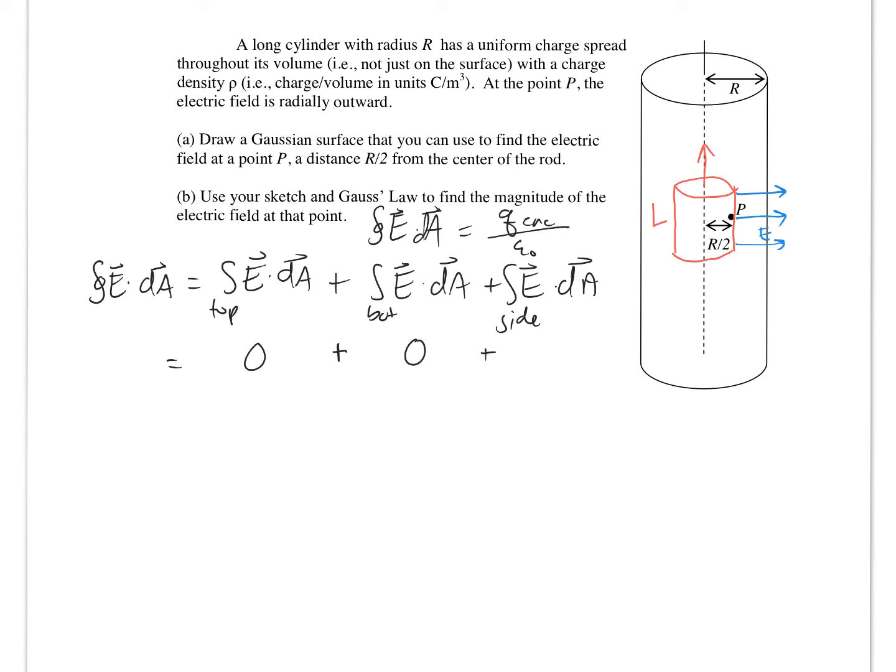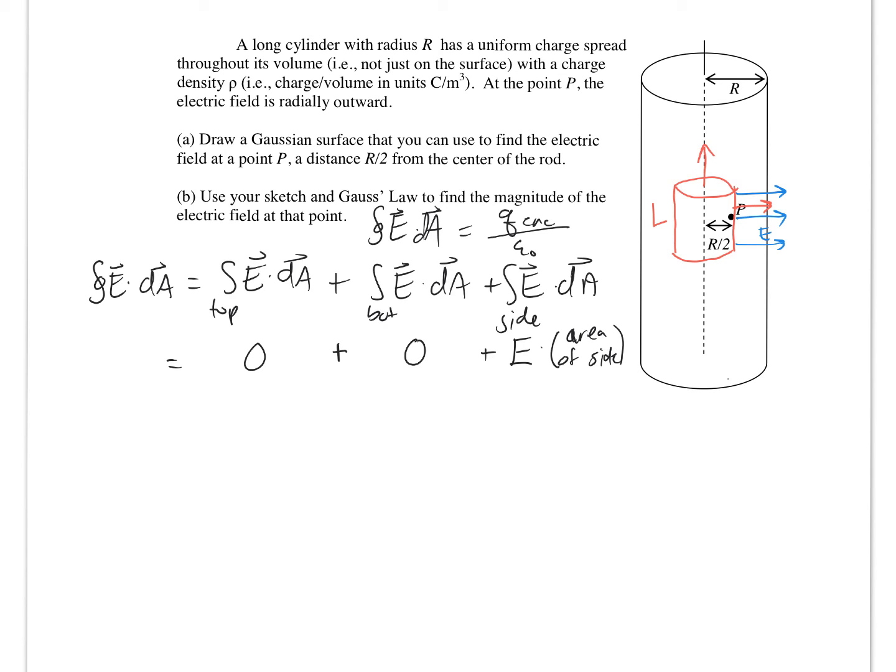Now for the sides, the area vector for the sides is also going to point radially outward, so it points parallel to the electric field. And the electric field has the same magnitude everywhere on the outside of our Gaussian cylinder, and so we can write this as just the strength of the electric field at a distance r over 2 from the center of the rod, and we're going to multiply that by the area of the side of our Gaussian cylinder.